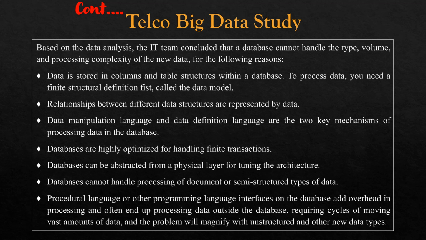And the last reason is the procedural language or other programming language interfaces on the database add overhead in processing and often end up processing data outside the database, which requires the cycle of moving vast amounts of data, and the problem will magnify with unstructured and other new data types. Okay, that's a lot of reasons there.